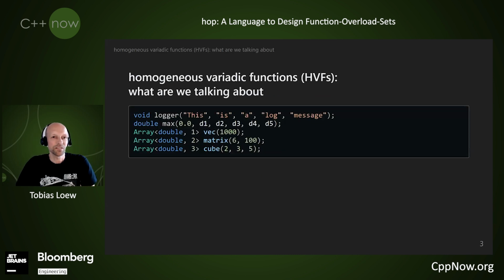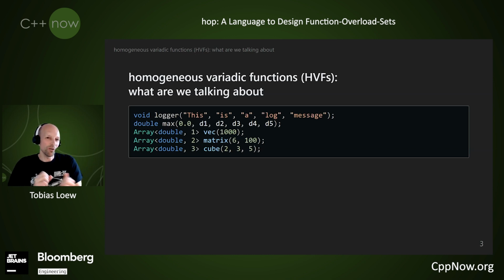So what are homogeneous variadic functions, or HVFs for short? Let's look at some of them. We may have a logger which takes a bunch of strings, or we have some function max, which takes a range of doubles and returns its maximum.